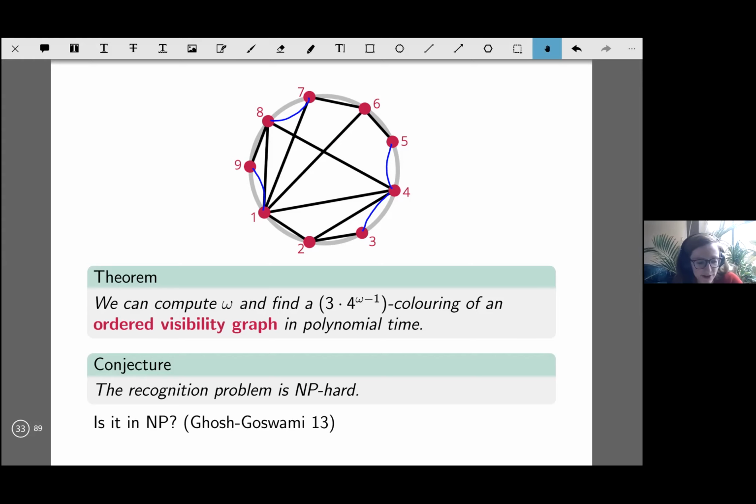And so the motivation, at least for this conjecture, is that Shor and Mnëv earlier have shown that it's NP-hard to determine if a rank 3 oriented matroid is realizable. But there is at least a source for this question of whether or not it's in NP, and that was asked in the Ghosh–Goswami survey paper. So we don't even know if this problem is in NP.